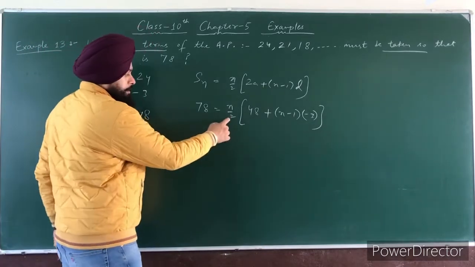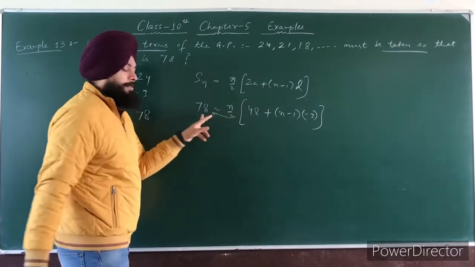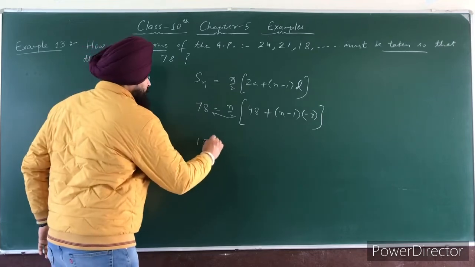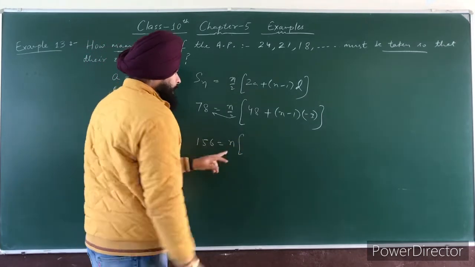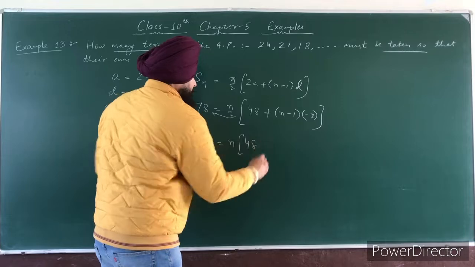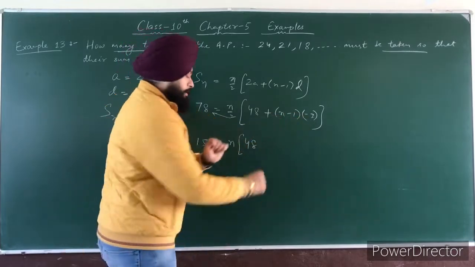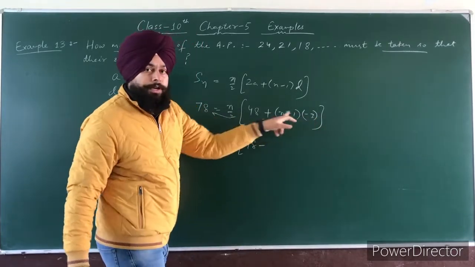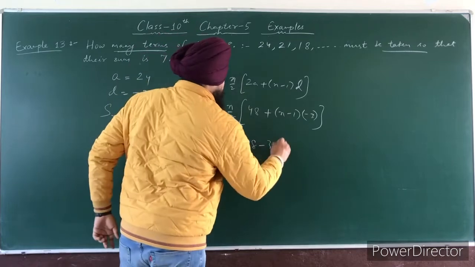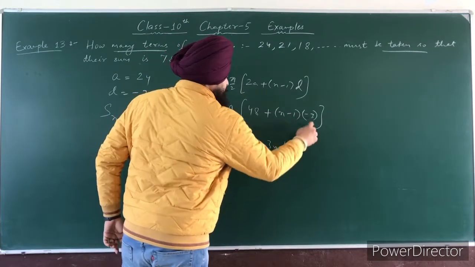So first you will multiply this 2 with 78. It is equal to 156, equal to n into 48 plus minus minus. You can open the brackets first. 3 into n is 3n, minus minus plus, and 3 ones are 3.